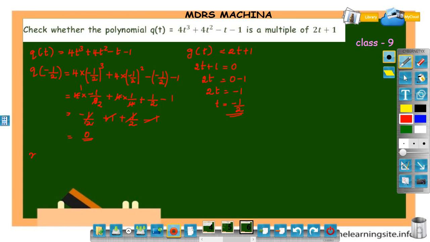So the remainder is equal to 0. Therefore, q of t is a multiple of 2t plus 1. Since the remainder is 0, the dividend is a multiple of the divisor.